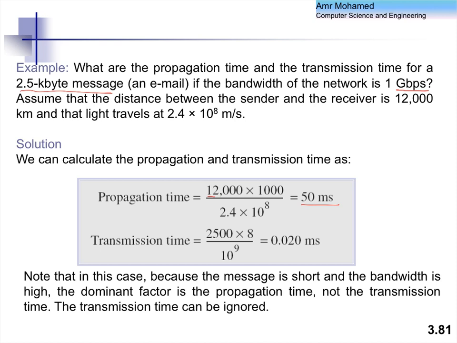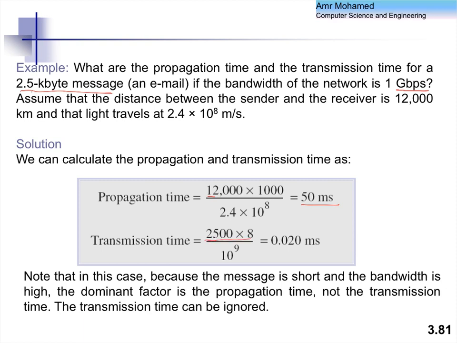When we calculate the transmission delay, it is length divided by the bandwidth. When you insert a flow of water into a pipe, the time required is proportional to the width of that pipe and the amount of water that you are inserting into the pipe, which is the length of the packets.